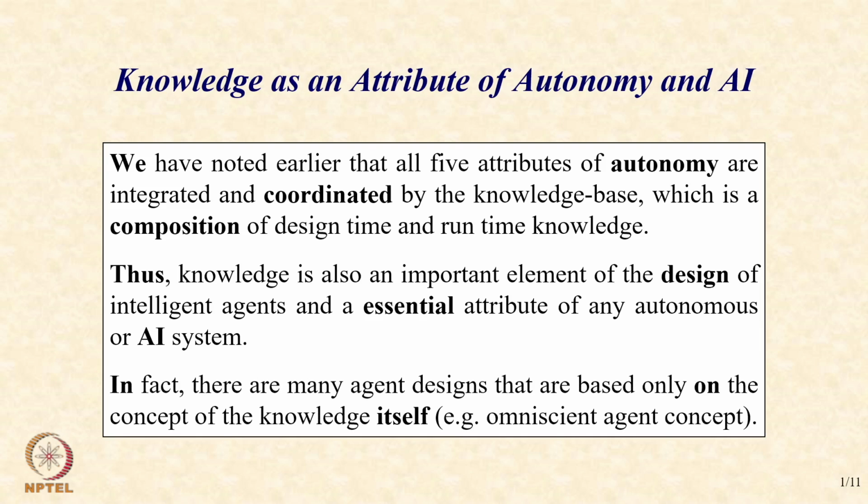In fact, there are many schools of thought in which they say that we are going to design agents based only on the concept of knowledge itself. And here let me recall a term that I had used in the very beginning when we were talking about agentic AI designs.